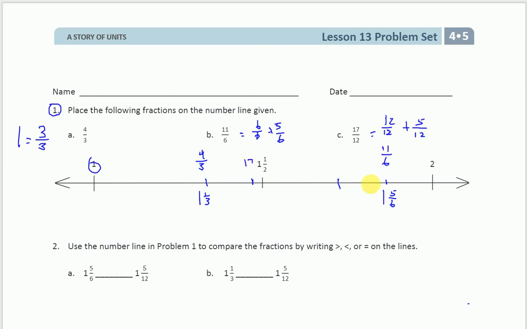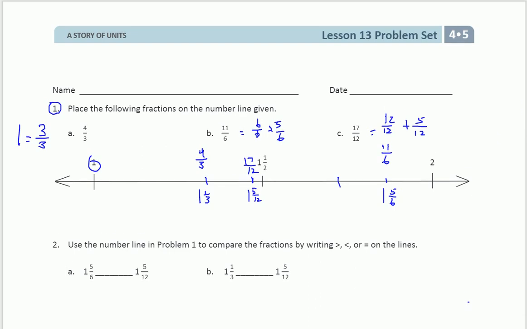We put 17/12 here, and that's the same thing as saying 1 and 5/12. So all I was doing was converting the fraction that had a greater numerator than denominator into the whole and the fraction, which is called a mixed number. Now we're going to use that information in number 1 and then use it to compare fractions in number 2. So let's look at number 2.